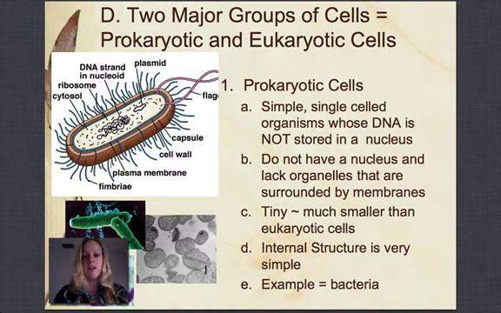So prokaryotic cells, talking about bacteria, are simple, single-celled organisms, meaning they're organisms that are only one cell. Their DNA is not enclosed in a nucleus. So their DNA, if you look over to the picture of that bacteria cell, is just kind of scattered throughout the cell.